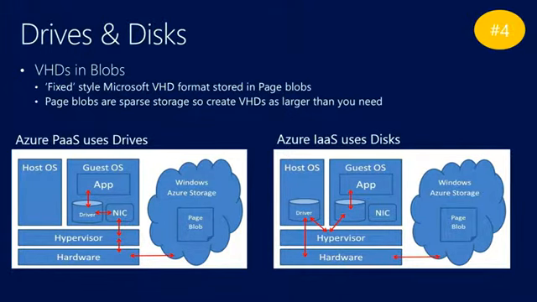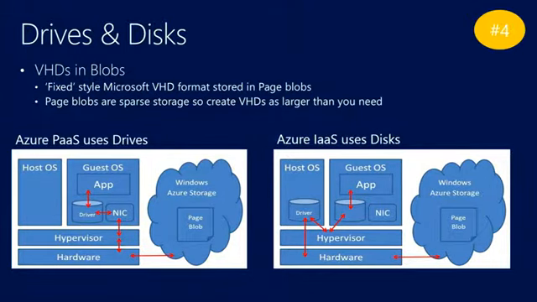You basically upload a fixed style VHD format into a page blob, and off you go. You can't use dynamic VHDs, you've got to use fixed VHDs, but because we're dealing with sparse storage, you're not paying for the empty space. So even if you're only going to use 20 gig, upload a 200 gig fixed blob, so that you don't end up running out of space.